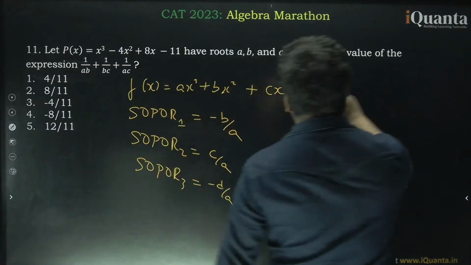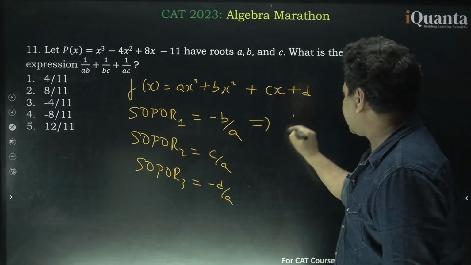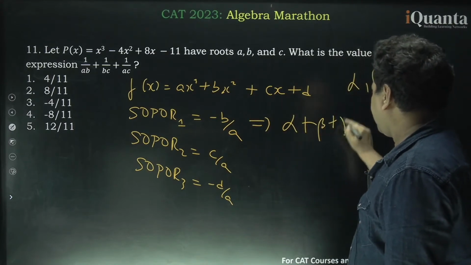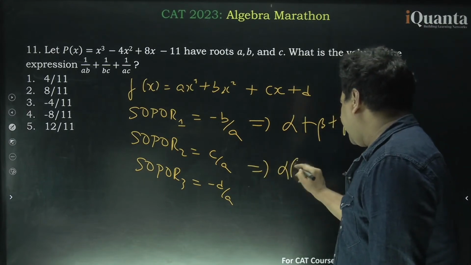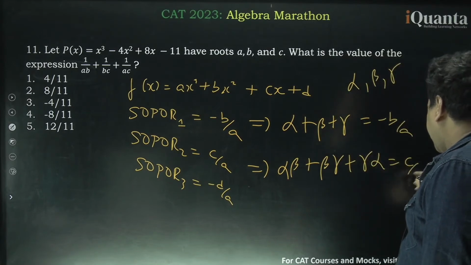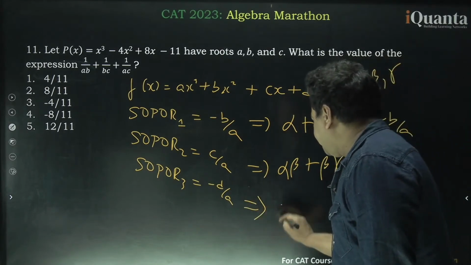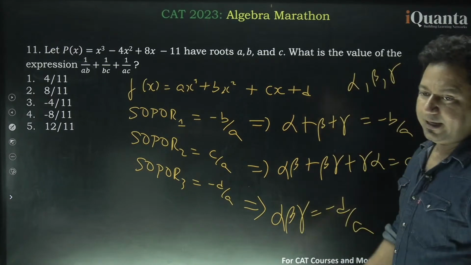Okay, so if the roots here are alpha, beta and gamma, this is alpha plus beta plus gamma, that is minus b by a. Here it is alpha beta plus beta gamma plus gamma alpha is c by a, and this one is alpha beta gamma is equal to minus d by a. Clear?